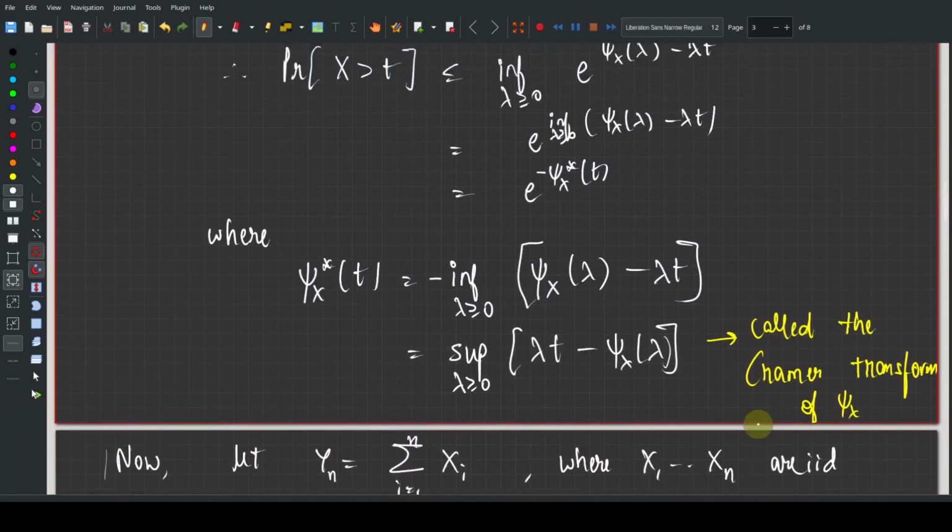To get the best possible Chernoff exponent, or the best possible Chernoff bound, you first compute the log moment generating function of the random variable that you have, and then compute the Cramer transform of the log moment generating function, and that gives you the best possible Chernoff exponent. You can try to do this for whatever random variable you have.